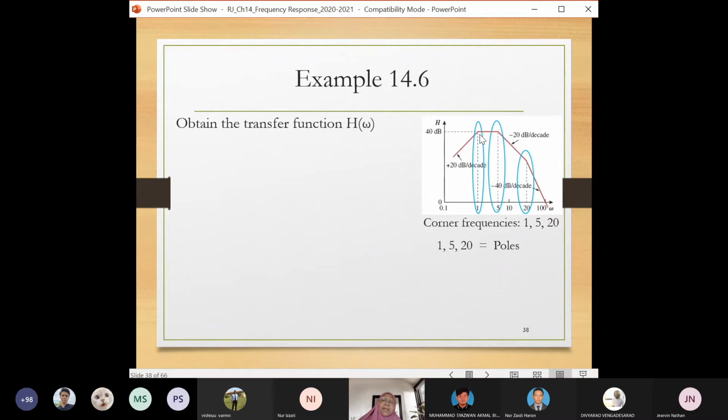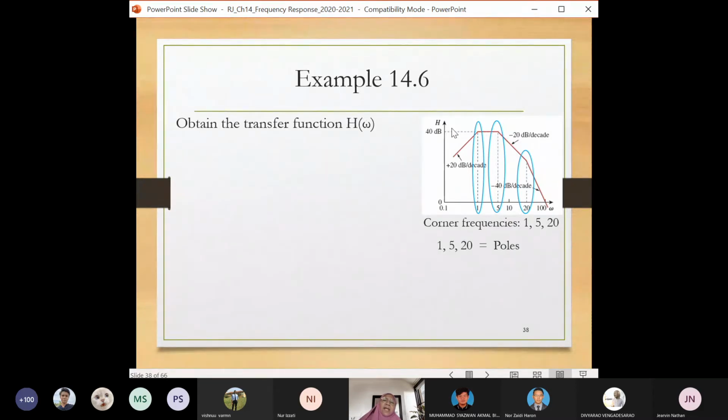Adding something negative, it should be a pole. From here, the second turning point is 5, it drops more, so this must also be a pole. At this point it drops again, so the corner at 20 must be another pole. So there are 3 poles here.